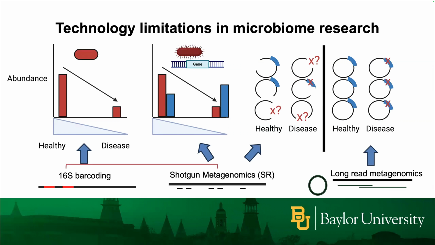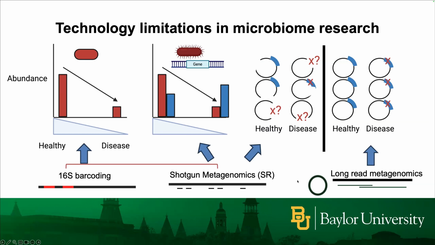I would say that for all of the microbiome research within this field, the absolute majority of it has used short-read sequencing, with most of it being short-read 16S sequencing, which is still the dominant methodology used in the field. 16S is great, but it only allows you to look at changes in abundance of different organisms, with relatively low resolution.